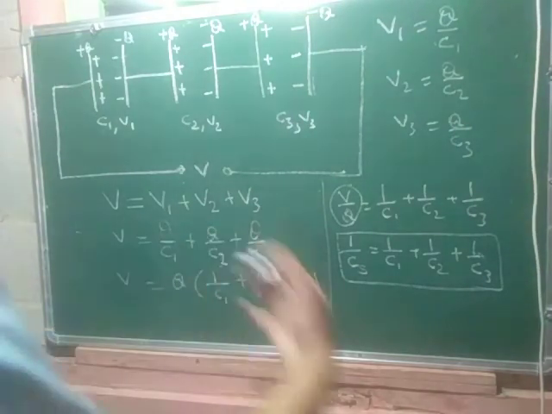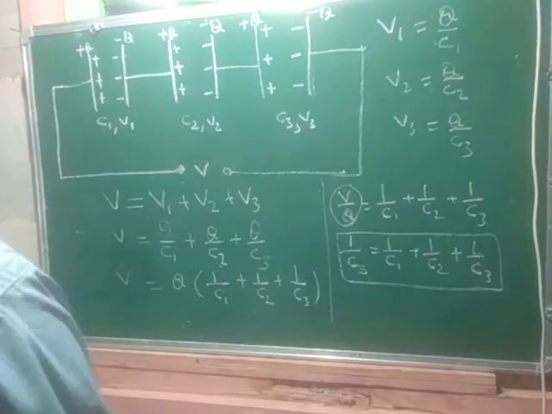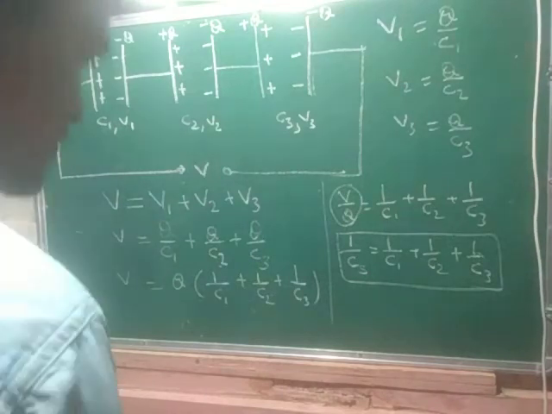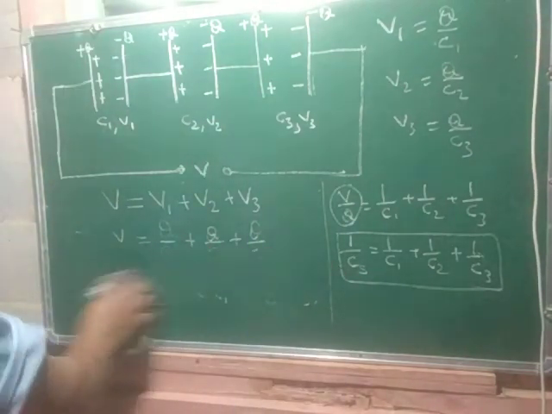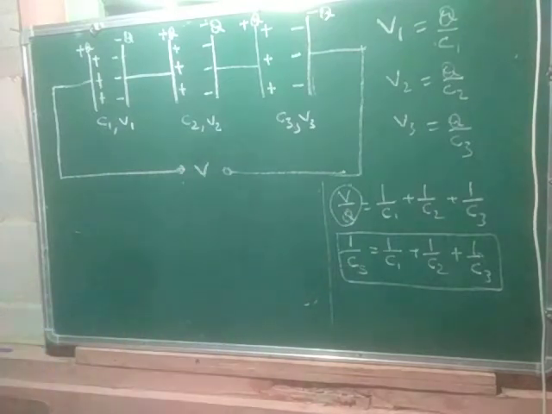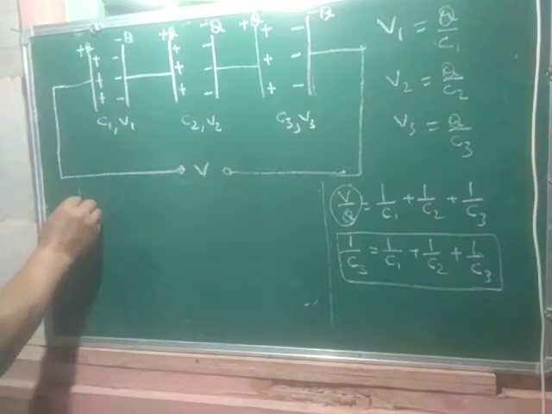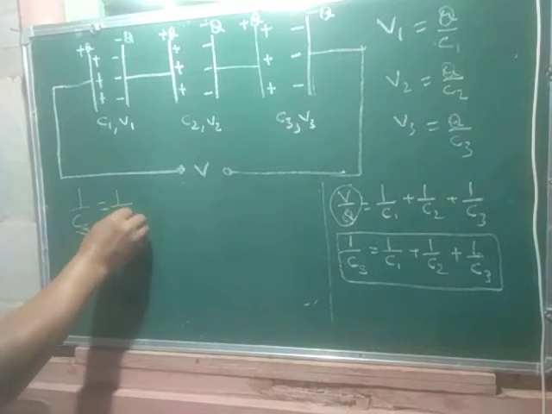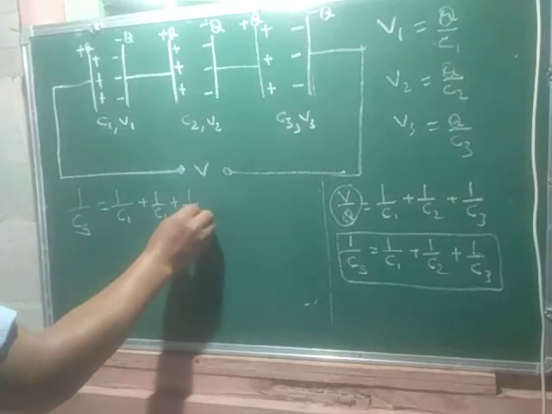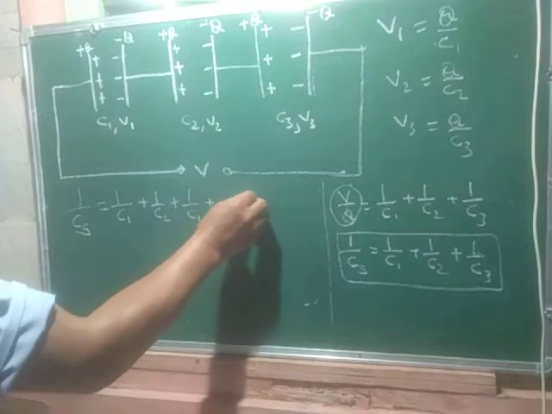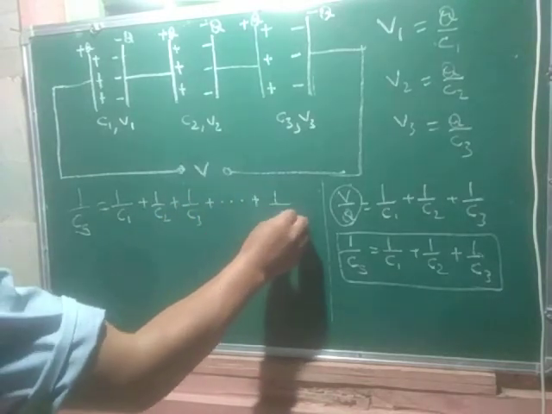With this formula you can extend to any number of capacitors. If you have n capacitors connected in series, the equivalent capacitance will be given by 1 upon CS equals 1 upon C1 plus 1 upon C2 plus 1 upon C3 plus dot dot dot up to 1 upon Cn.